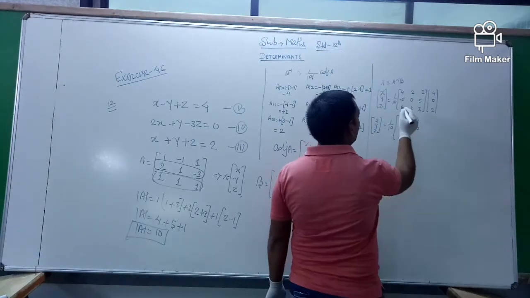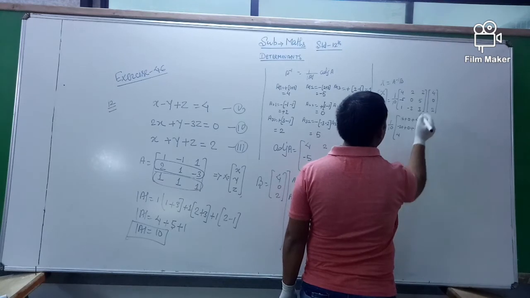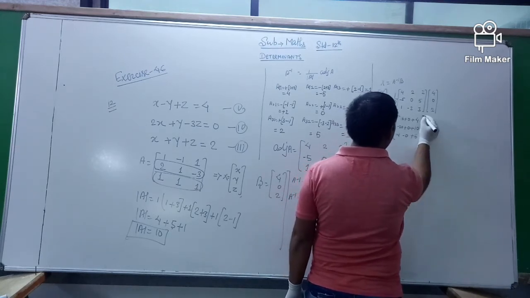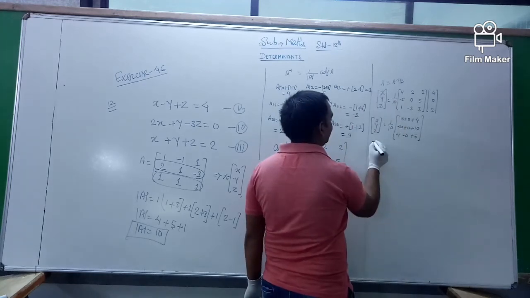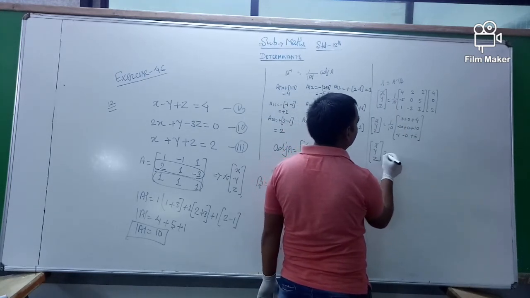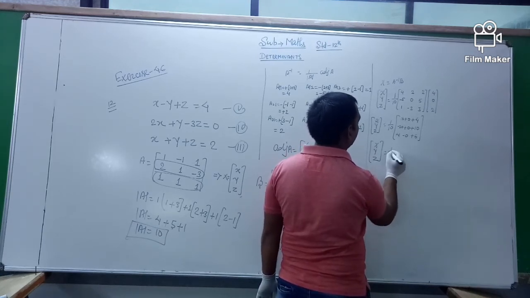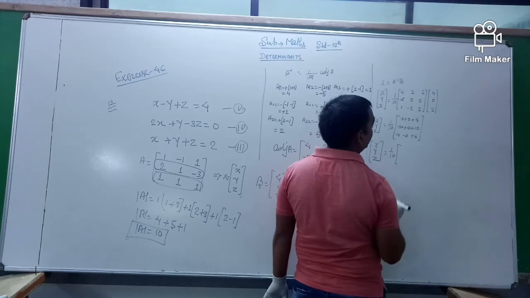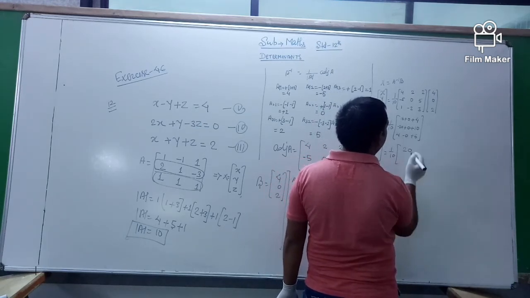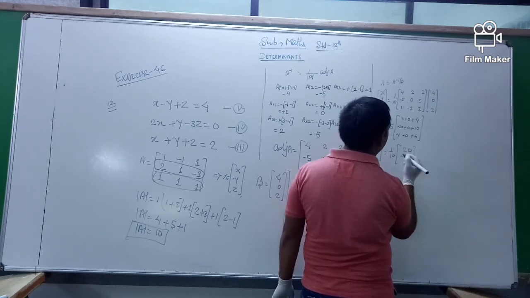In the third row 1 4s are 4, minus 2 into 0 is equal to 0, and 3 2s are 6. Then you see the matrix x, y, z is 1 by 10 times 16 plus 4, that is 20, minus 20 plus 10, that is minus 10, 4 plus 6, that is equal to 10.